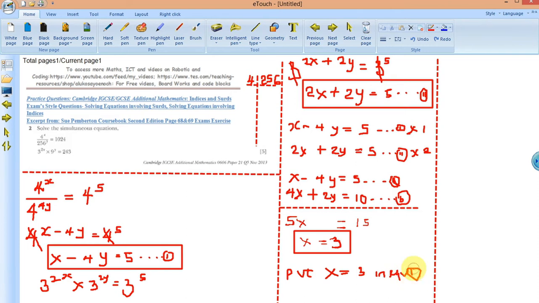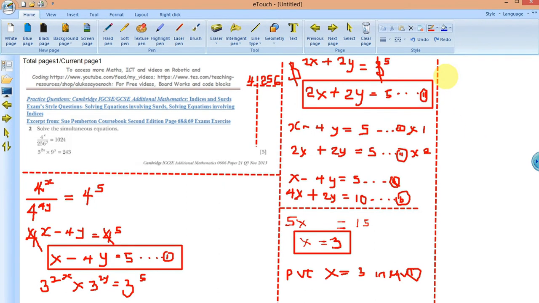So this is equation 1. So what do we have there? I have x minus 4y, and x is 3. So that will be 3 minus 4y equals 5, right? So minus 4y equals 5 minus 3, and that is 2.